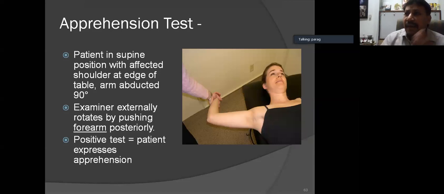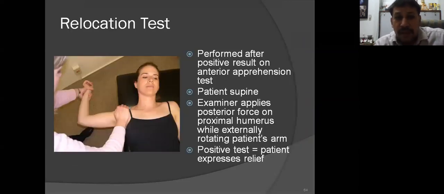The same thing can be done in the supine position like that. You get the patient at the edge of the table and try to do abduction and external rotation, and you look at the patient's face and they'll be very apprehensive about this. Now the relocation test. When the patient is apprehensive, you put your hand in front of the shoulder and physically push the glenohumeral joint down.